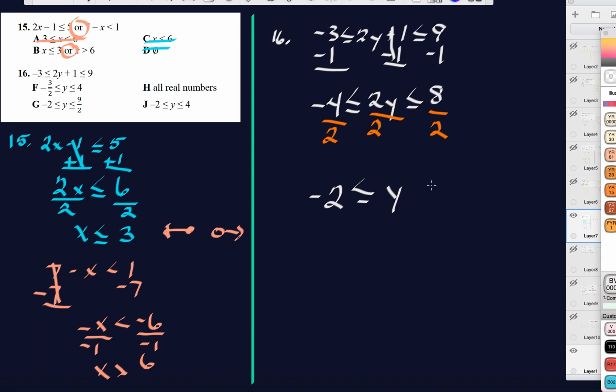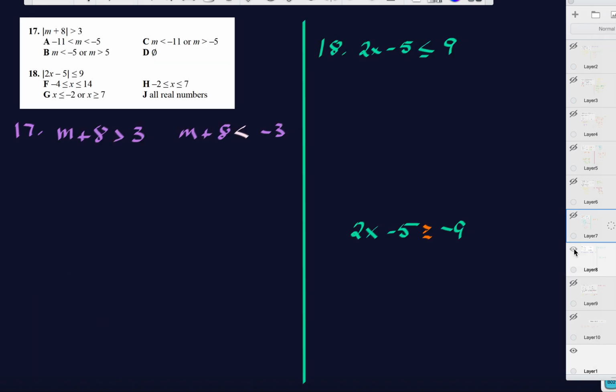Because 2 divided by 2 is 1. Less than or equal to 8 divided by 2 is 4. Is that one of our answers? Yepper-doodle. It's J. Wow, I'm sorry about the yepper-doodle, dudes. All right. We're getting very, very close. 17, awesome. This is a super long video and really, really annoying.